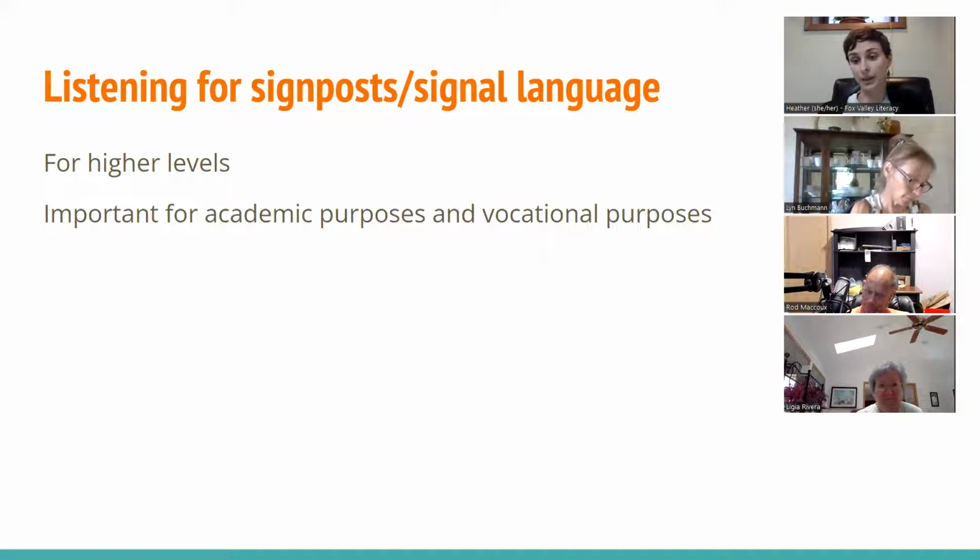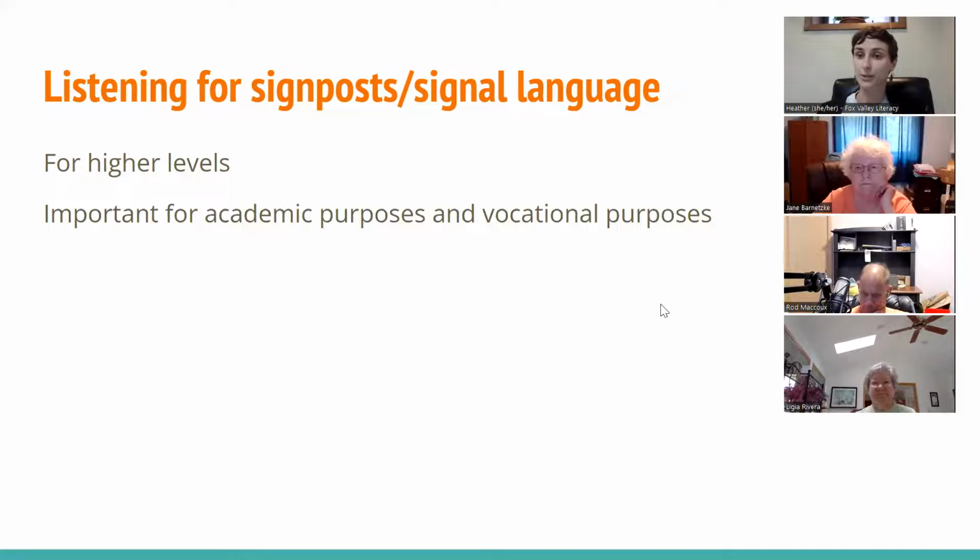So if right now they're working in production and they want to be a line leader or a team lead or a team supervisor, then they'll probably need some familiarity with signposts or signal language, because they'll be giving directions. They'll be making reports about how the workload went during the shift, if there were issues, and use this kind of language for that.